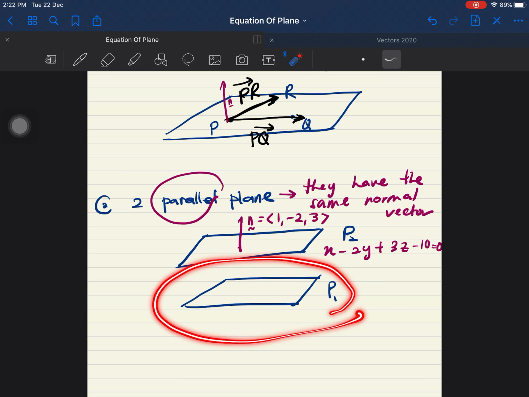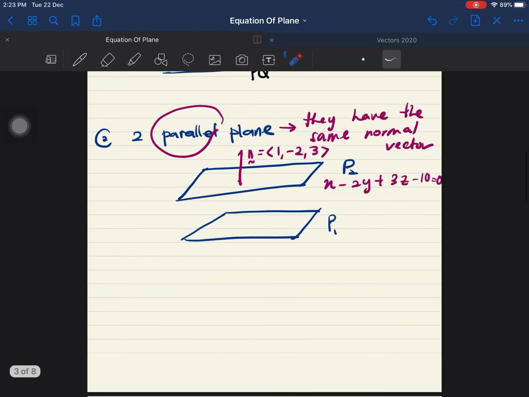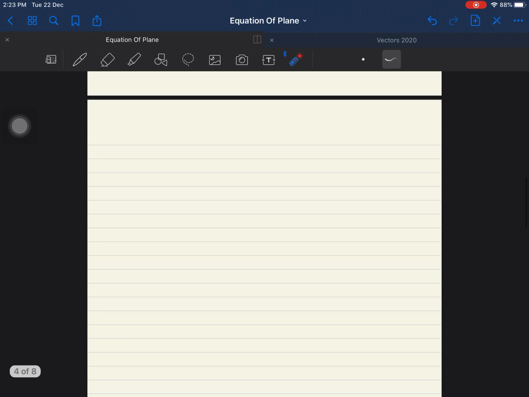So bila you nak buat equation of plane for this plane, so you can use this normal vector. Sebab kalau plane tu parallel, normal vector dia sama. Okay, so use this normal vector, and dalam soalan tu mesti bagilah point tu. Okay, cuma masalah sekarang ni macam mana kita nak tentukan normal vector kan.